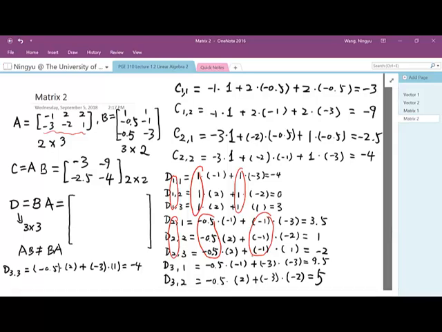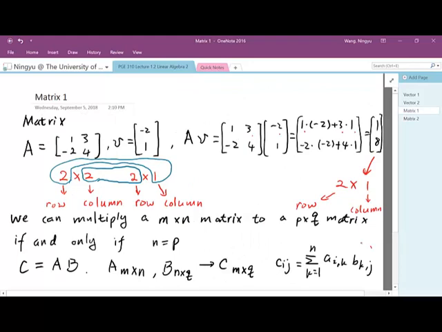So you see, these parts are the same. So this is the basic structure and pattern. You will later notice, and if you can't remember, how to calculate each element is here. Cij equals a summation of aik and bkj.